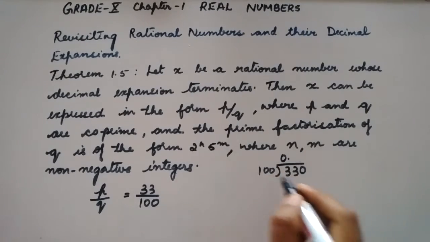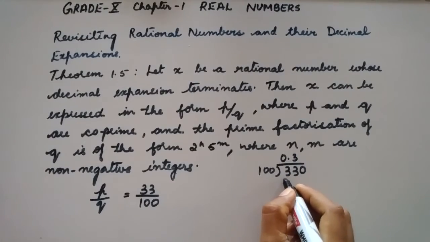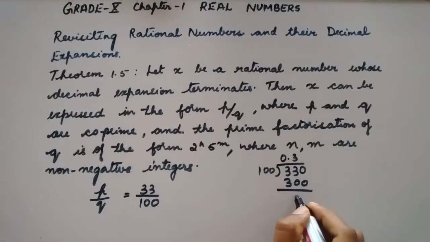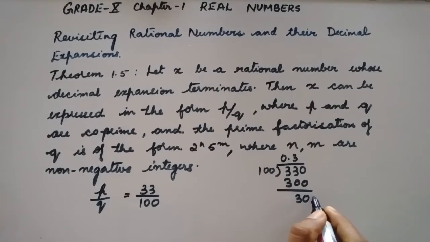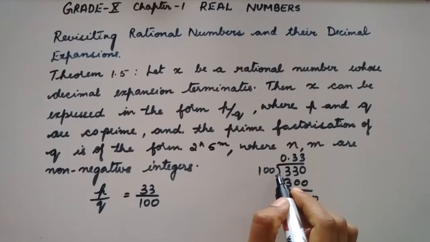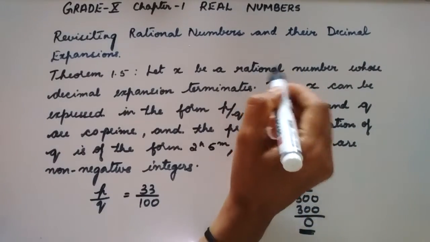Let us write 0 point. 10 3s are 30, so next we get 30. So add 0 here. Again 10 3s are 30. So here the remainder is 0. Therefore, the p by q form is 33 by 100. Okay, it is a rational number.